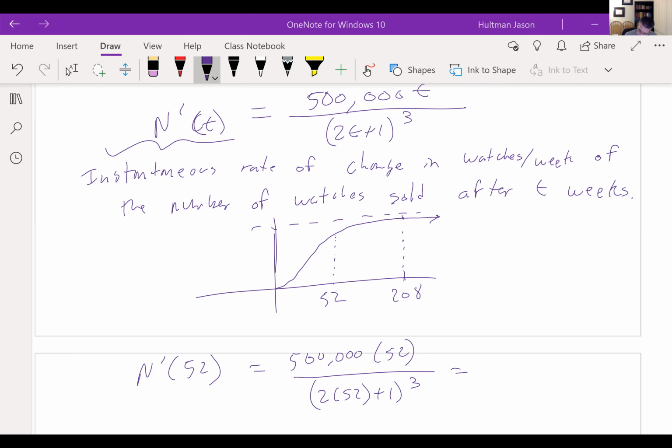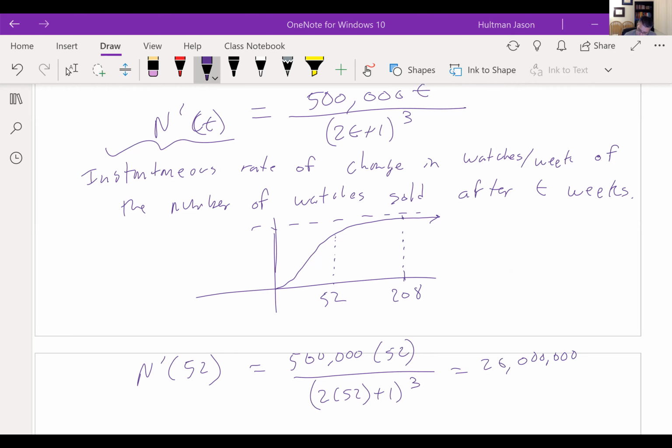Let's calculate the top first. That's easy. 500,000 times 52, that's 26 million. Okay, that's the top.